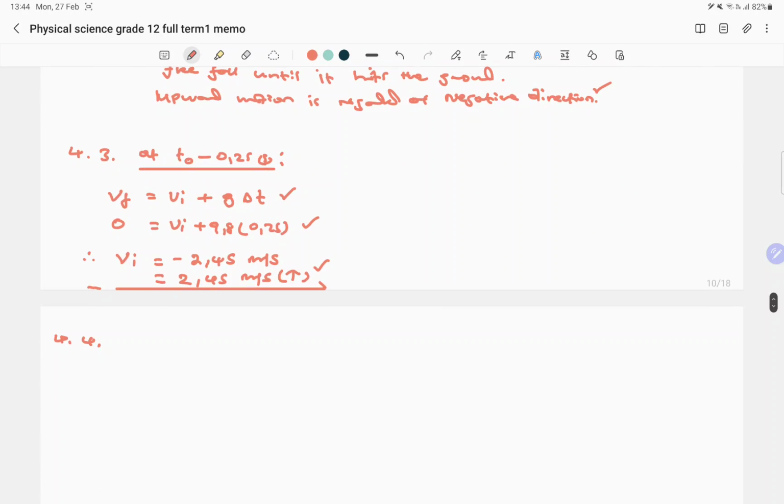So again, we're going to say the final velocity is initial velocity plus g delta t. I hate this delta business now, which implies that we want our final velocity, the initial velocity. Remember, when you substitute it, it's going to be minus 2.45, because we took up as negative, plus 9.8 into 4.